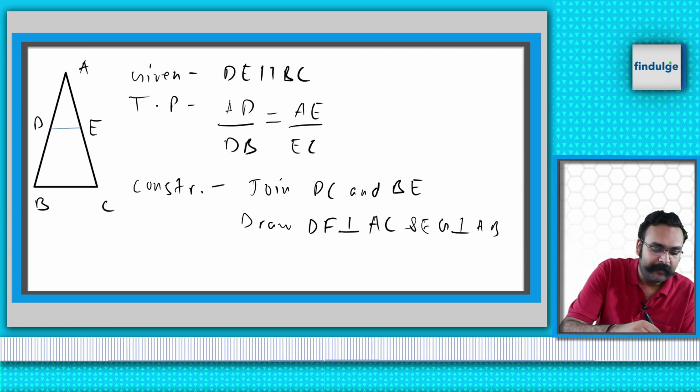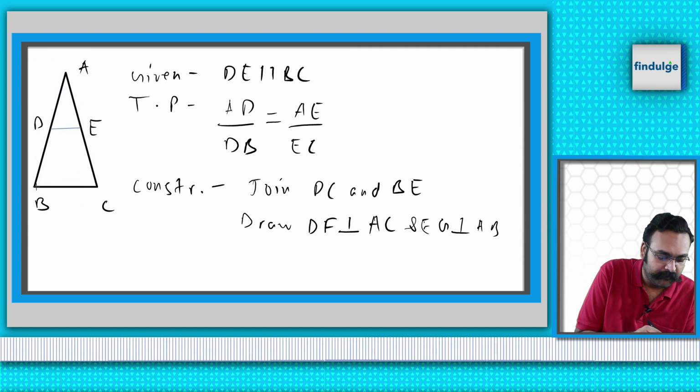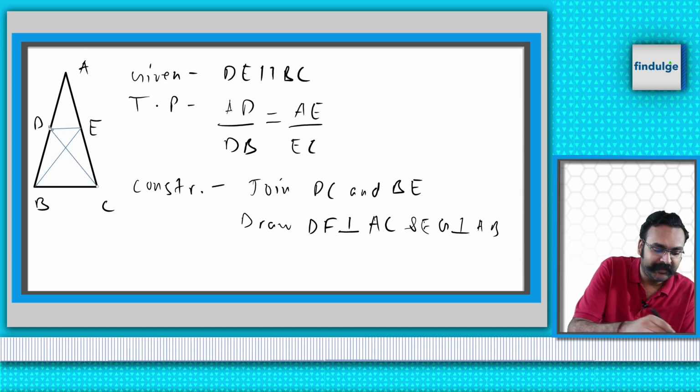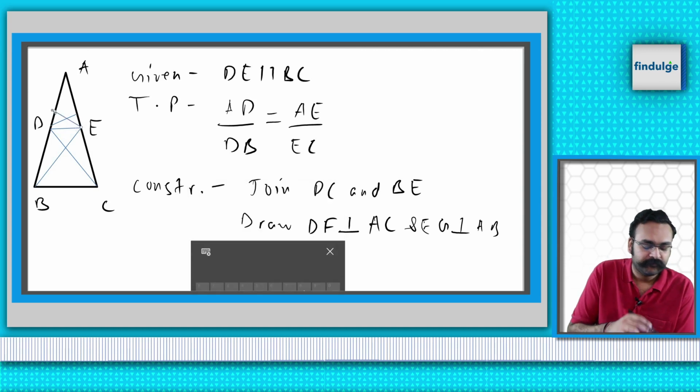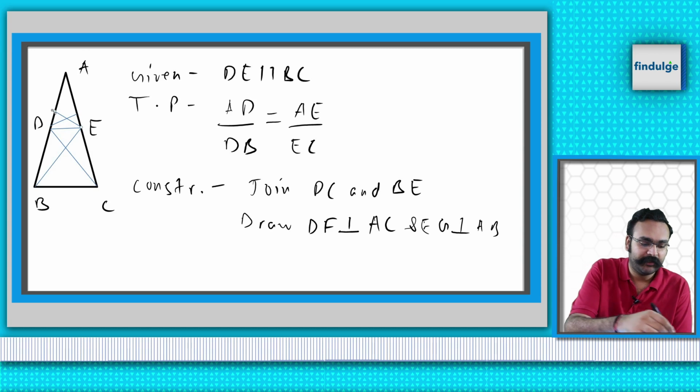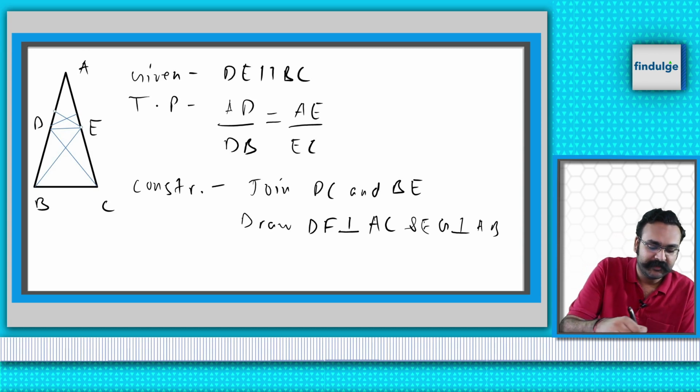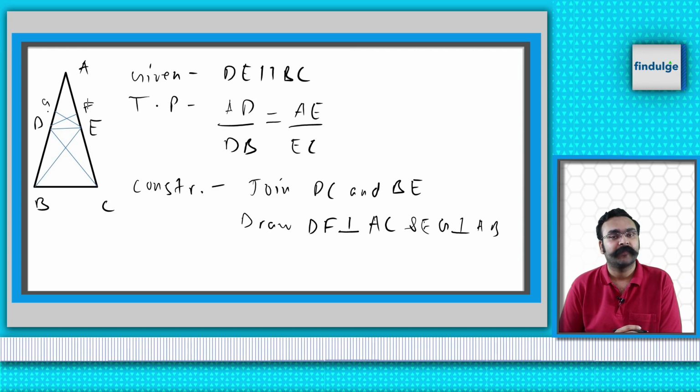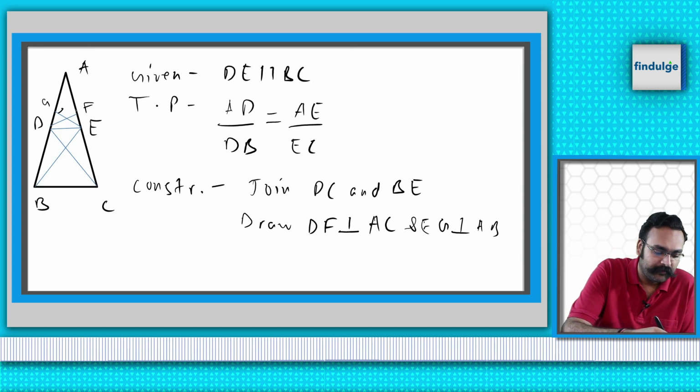In other words, what I am doing is joining BE, joining DC, drawing a perpendicular from E to AB and from D to AC. And of course, these points are nothing but point F and point G.